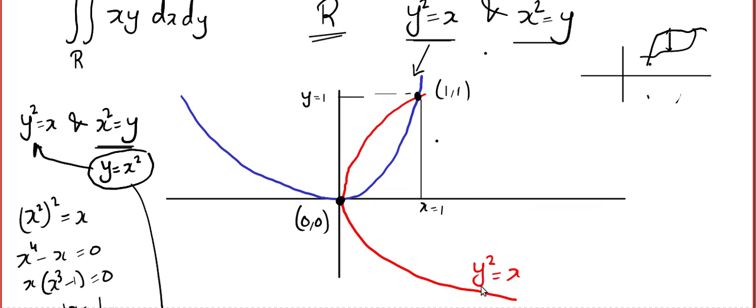Y square because it is symmetric about the x-axis, and it is open in the positive direction because the right side is positive. This is just a memory aid, so keep it like a memory aid. There is no logic behind it. The logic is slightly different. Okay, and the blue color parabola, that is x square is equal to y.